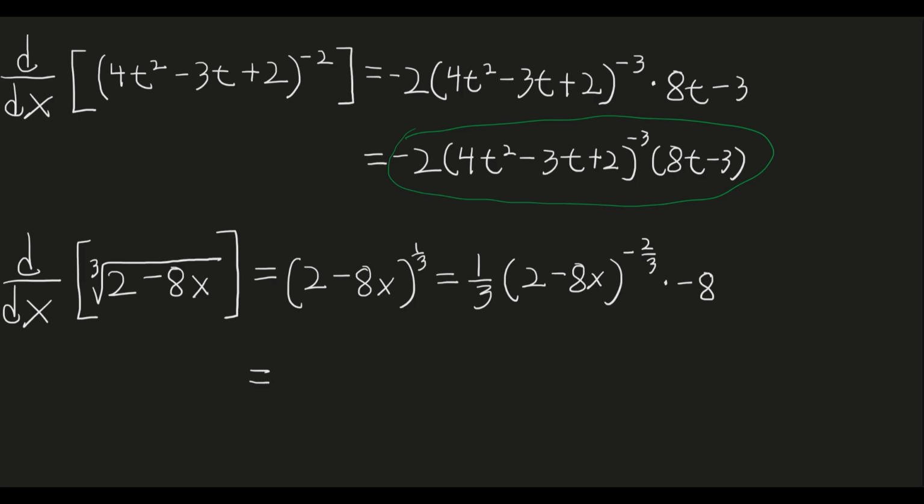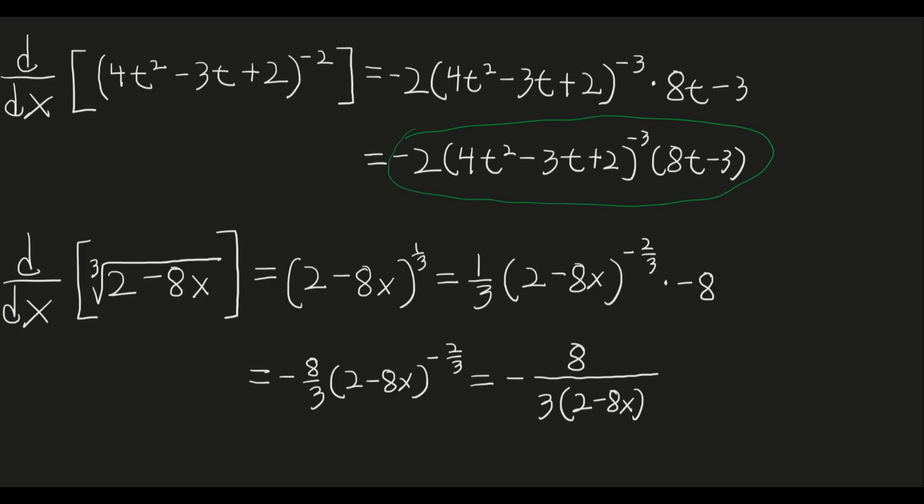And multiplying this together, that gets us negative 8/3 times 2 minus 8x raised to the negative 2/3. Finally, we will want to rewrite this function, and doing so, it would just be negative 8 over 3 times 2 minus 8x raised to the 2/3. And this would be our final answer.